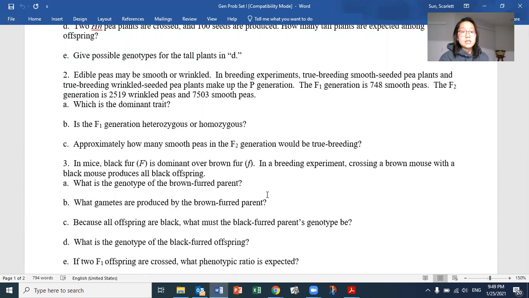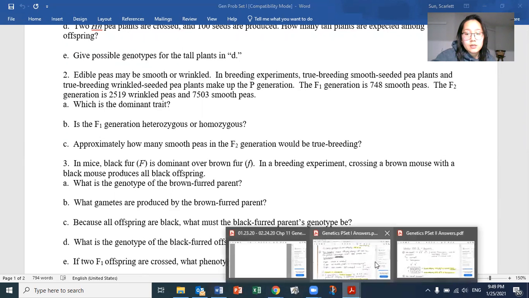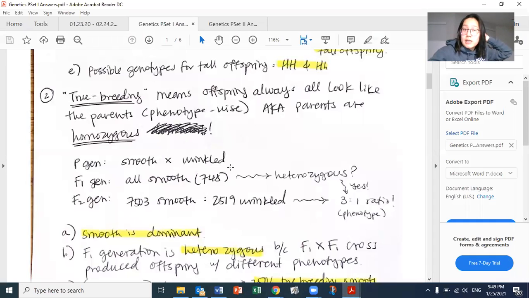So which trait is the dominant trait is what A is asking. And if you're just making notes from the information they gave you in the prompt, well, true breeding, if you looked it up or if you already kind of guessed, means offspring always all look like the parent. So when you have a true breeding plant, it's usually a homozygous dominant, or if you have a homozygous recessive cross, then obviously all the offspring are also going to look like the parents.